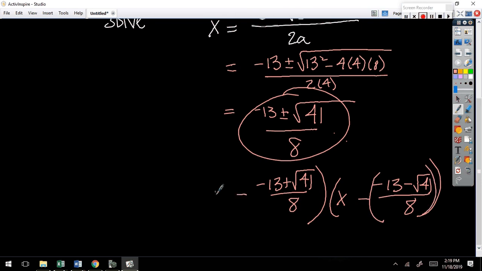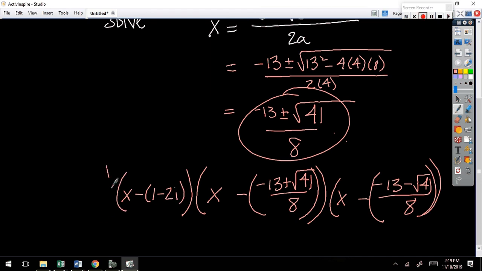And this is just if we needed to put it back in standard form. Remember, it was 1 minus 2i, and it was 1 plus 2i. Okay, so this is my linear factorization form.